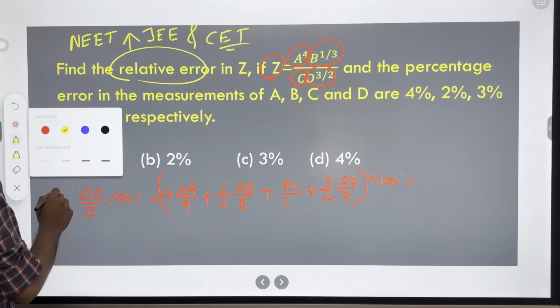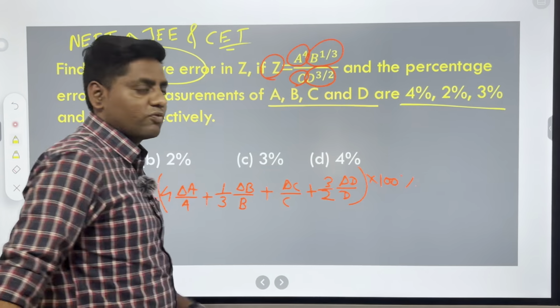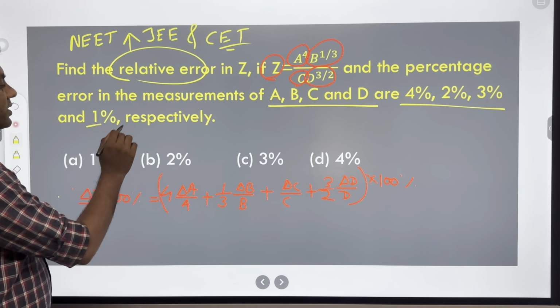The percentage values given for A, B, C and D respectively are 4 percent, 2 percent, 3 percent and 1 percent.